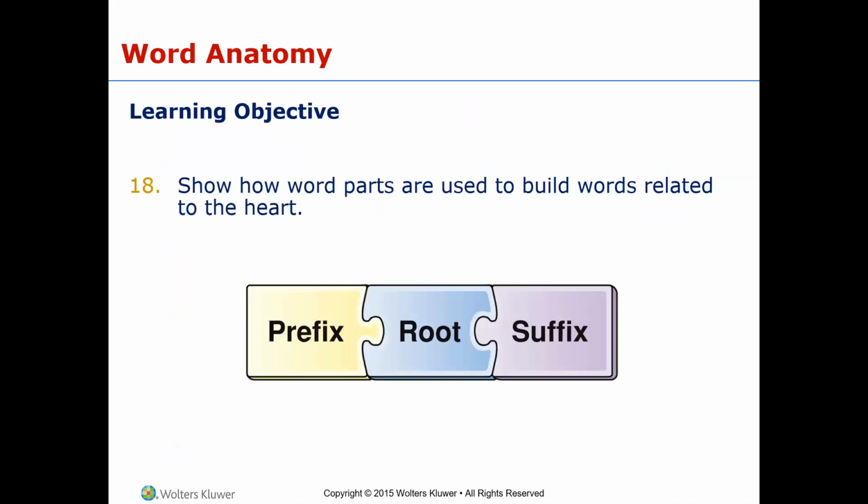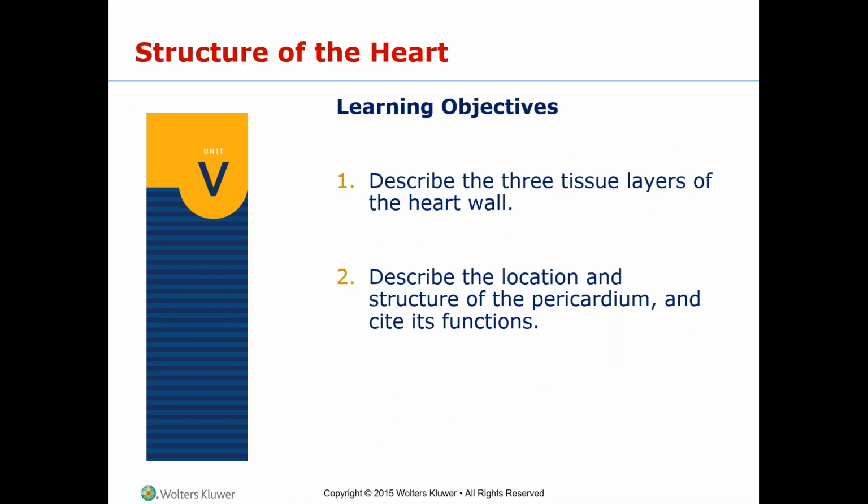We will not be looking at heart disease, nor will we be looking at the effects of aging. So in terms of the structure of the heart, the heart itself is made up of 3 tissue layers, and they have a particular location as to whether it's on the outer surface, in the middle, or close to the heart itself.